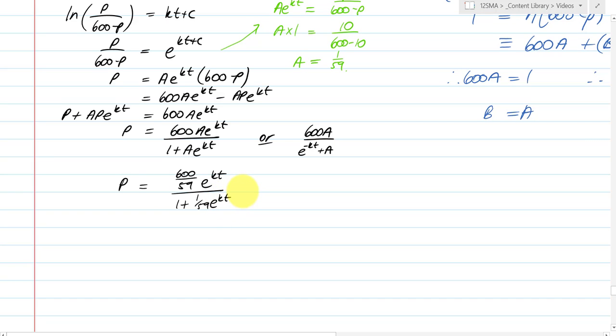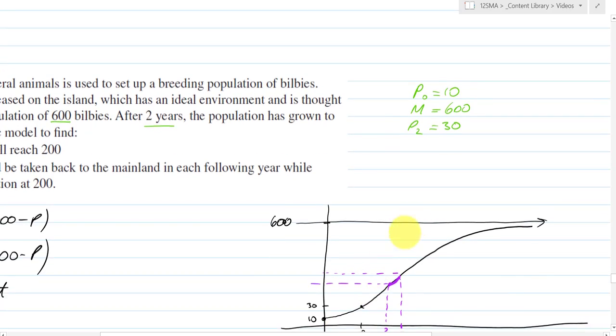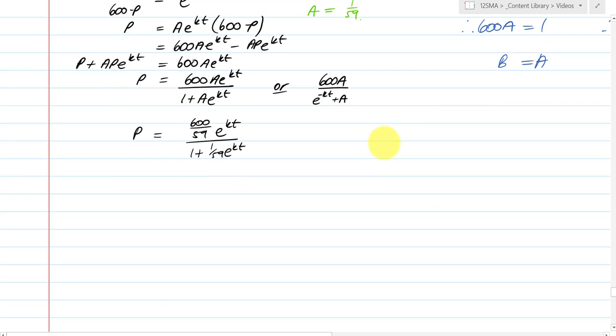And now I also know that, let me just go back up and have a look, the population at time 2 is 30. So I can use that here, and I get 30 is equal to 600 over 59 e to the kt over 1 plus 1 over 59 e to the kt.